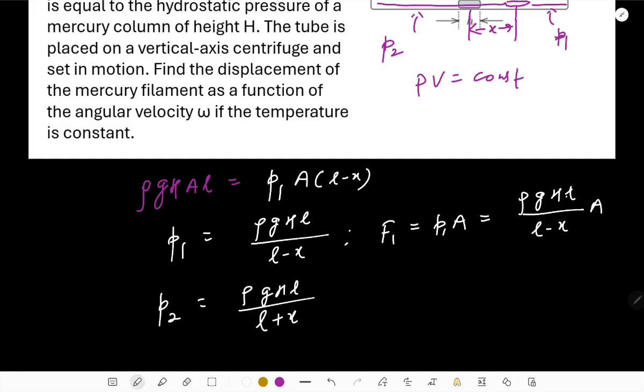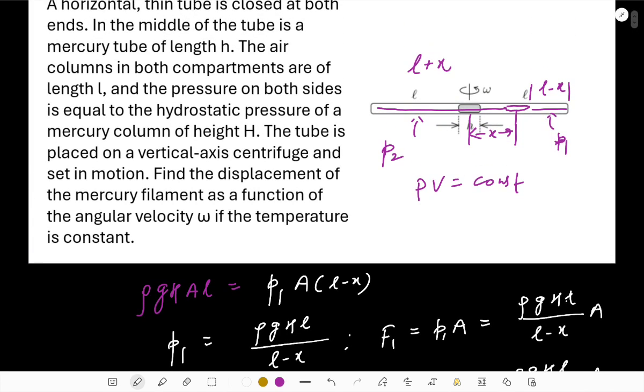And therefore we can write the force F2 from the left, that will become equal to P2A, and this is again rho GHL upon L plus x multiplied by A. So we got the pressures.